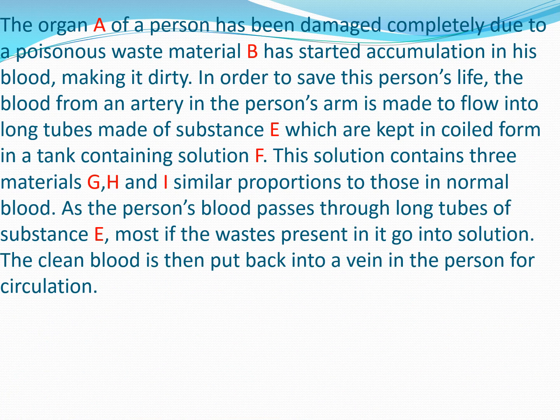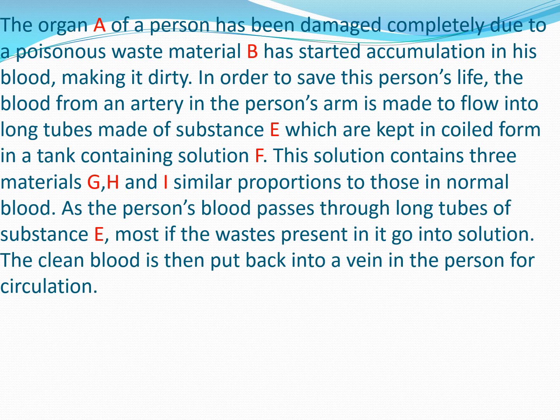Again, one more question, one more paragraph is given. So here the organ A of a person has been damaged completely due to a poisonous waste material. B has started accumulation in his blood, making it dirty. So definitely if kidney is damaged, waste materials are accumulated in the blood because they are not filtered.